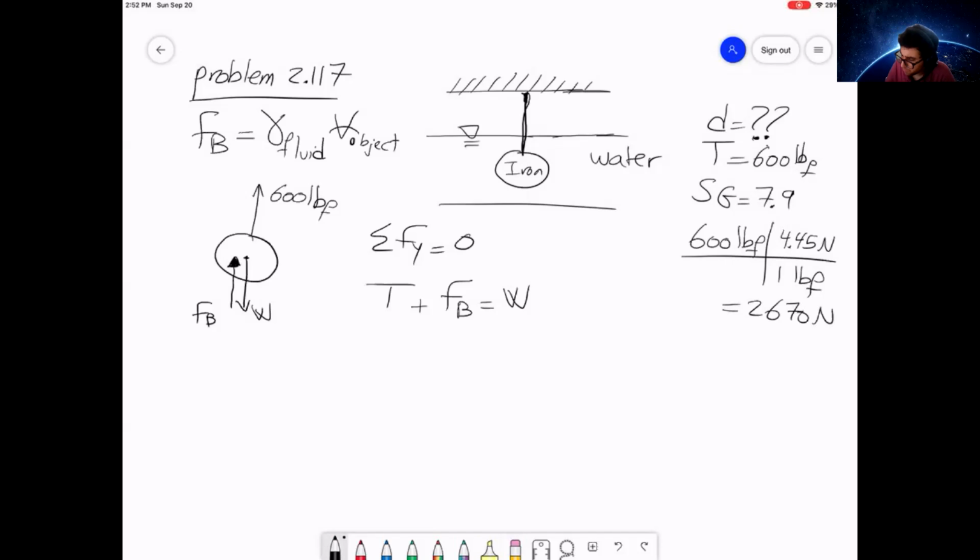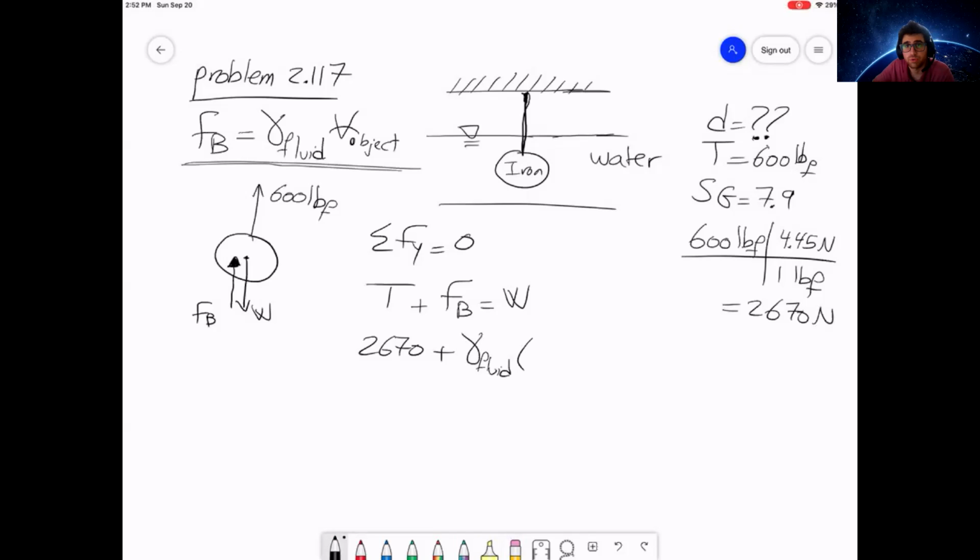Okay. So let's see, 2,670 plus, what's FB in this case? Gamma of the fluid, from this equation, right? So it's gamma fluid times the volume of the object. What's the volume of our object?